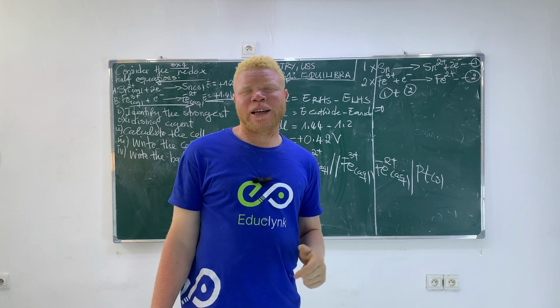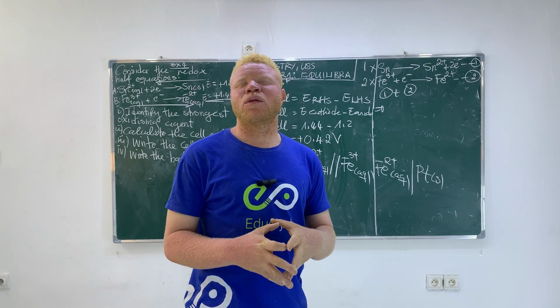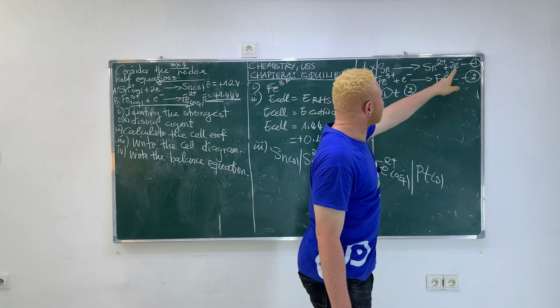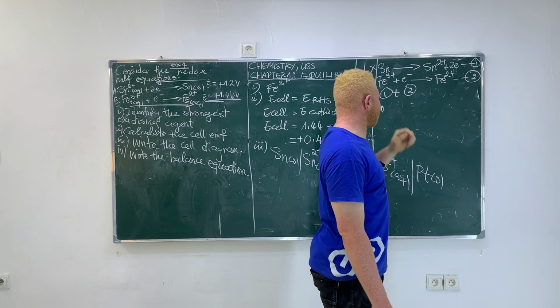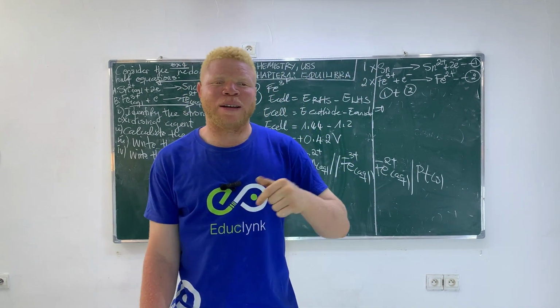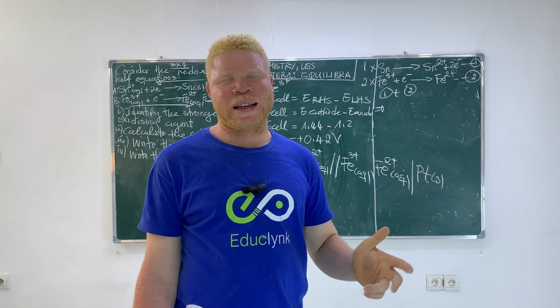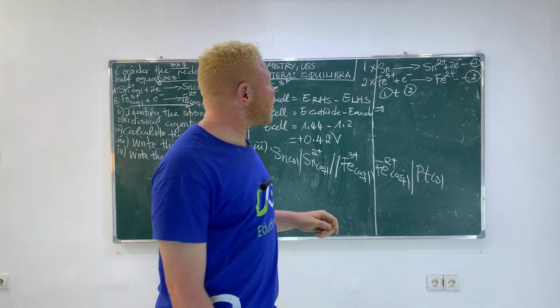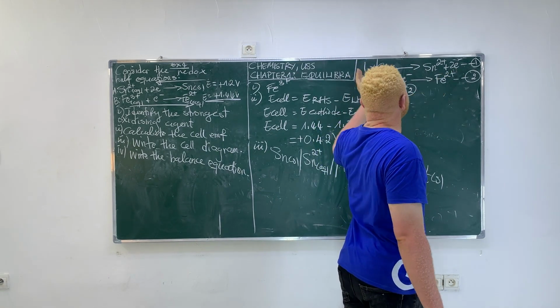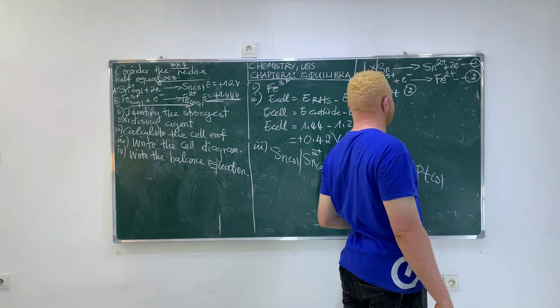Multiplying is to balance the number of electrons. Here you have 2 electrons, here you have just 1 electron. You multiply equation 2 by 2, but you multiply the whole equation before you add. Here now we'll be having 2 electrons because 1 times 2 is still 2.